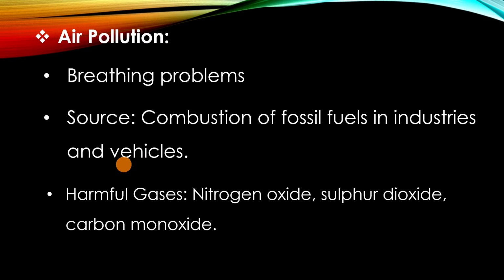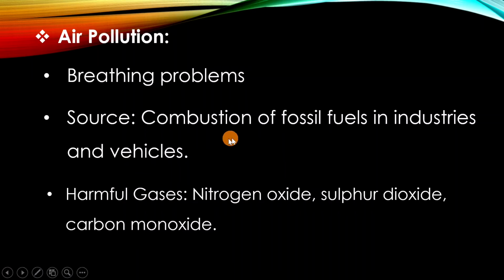Now when we talk of air pollution, the main problem it causes is breathing. So air pollution has to do with breathing problems. So what are some of the sources of air pollution?